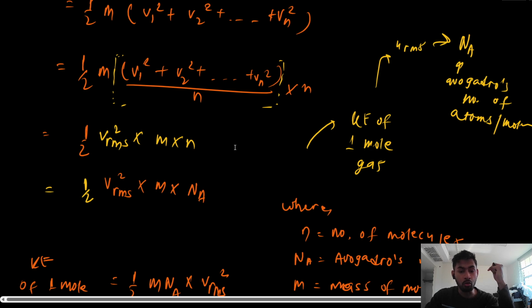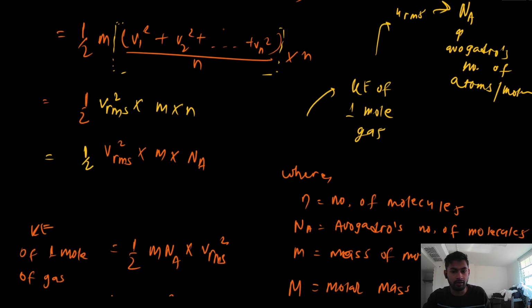So what if we set up n such that n is equal to Na? Then we're assuming we consider Avogadro's number of molecules.